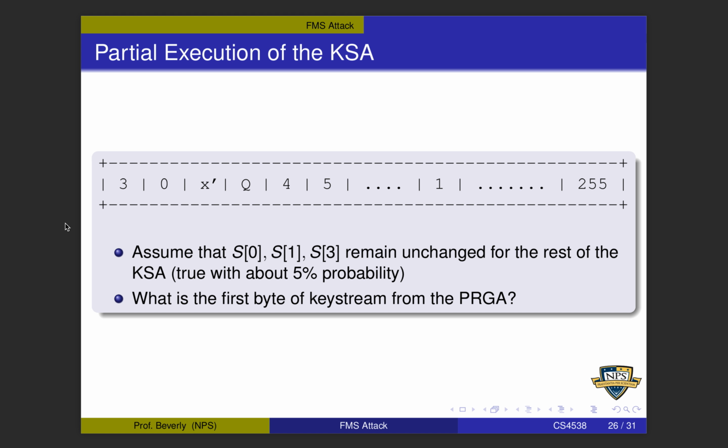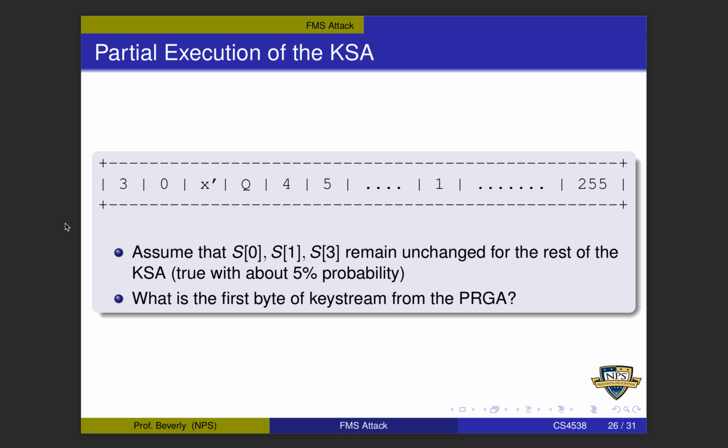So I moves down the line from 0 to 255, however, J is moving all around, okay? And what might happen is that we might perturb one of these positions in the 0, 1, or 3 position of the S box. But with about 5% probability, that won't happen. So let's assume that they don't get perturbed, that they remain unchanged, and that they're exactly 3, 0, x prime, q.